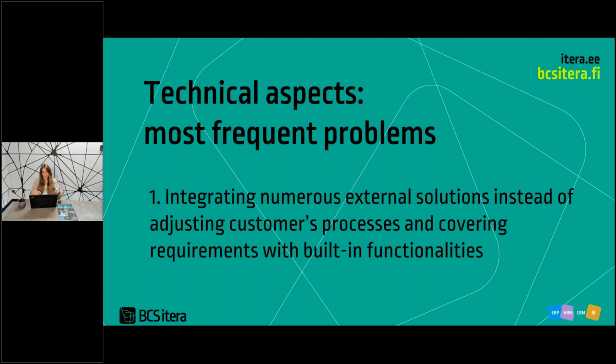The main issues happen when the customer would like to integrate all the minor local external solutions they already have, instead of actually analyzing the functionalities themselves. So even though we are talking about implementing a very comprehensive and large platform, sometimes the customers tend to end up with a huge comprehensive platform plus all the legacy from the past.